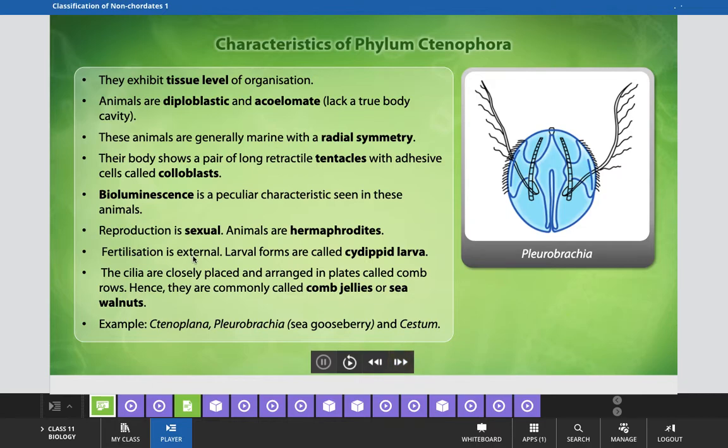Fertilization is external. Larval forms are called cydippid larvae, and the cilia are closely placed and arranged in plates called comb rows, that's why they are also commonly known as comb jellies or sea walnuts. Examples are Ctenoplana, Pleurobrachia, which is also commonly known as sea gooseberry, and Cestum.